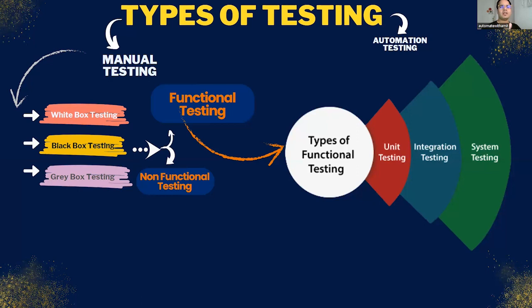So whether my software is working well with the invoicing machine or not, whether it is printing the bills properly or not. Considering hardware and software both, when we perform the testing, it's called system testing.